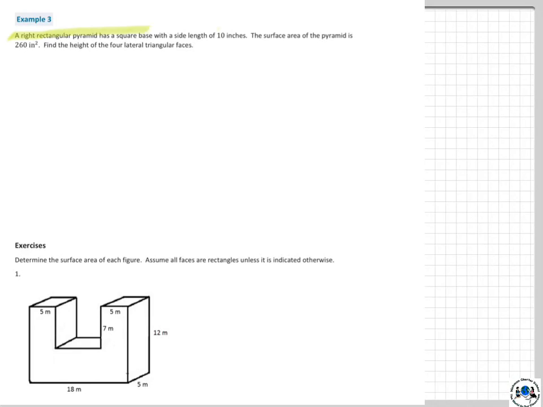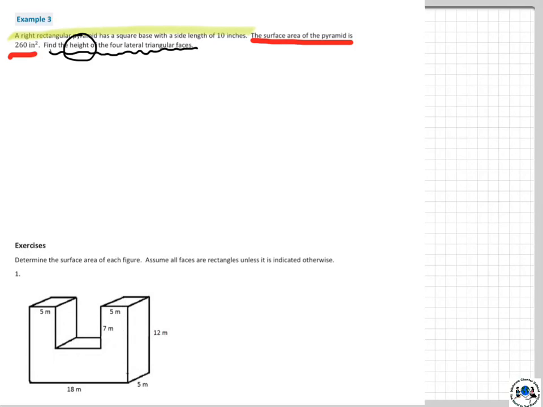So here, let's go to example 3. Example 3 says a right rectangular pyramid has a square base with a side length of 10 inches, and the surface area of the pyramid is 260 inches squared. Now we want to find the height of the 4 lateral triangular faces.